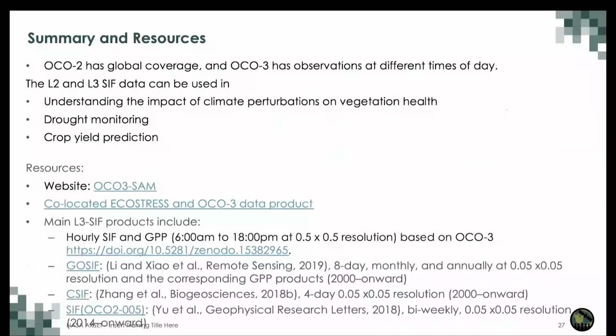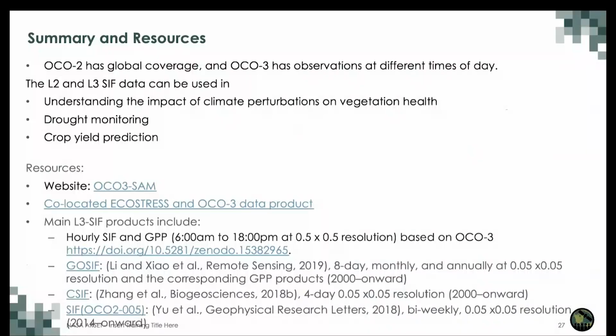So this comes to the summary and some resources that you can check later on. OCO-2 has global observation coverage, while OCO-3 has observations at different times of the day that are really complementary.